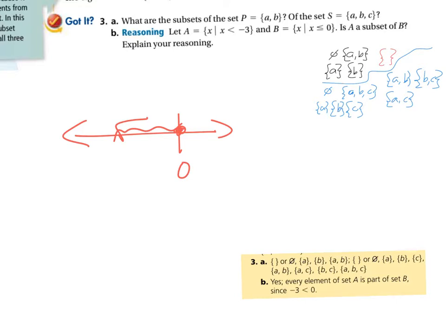And my set A is going to start at negative 3, open, and go on to the left forever. Notice that A overlaps B completely. So yes, every element of A is in B, since -3 is less than 0. So A is definitely a subset of B. If even one element had been different, you could not count it, by the way.